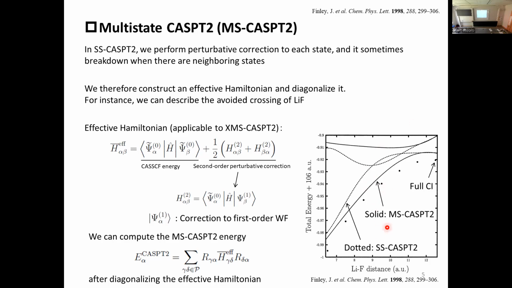But with MS-CASPT2, we can reproduce the avoided crossing, because single-state CASPT2 does not consider the interaction between states. But to include interactions, we have to first construct the effective Hamiltonian and diagonalize it.